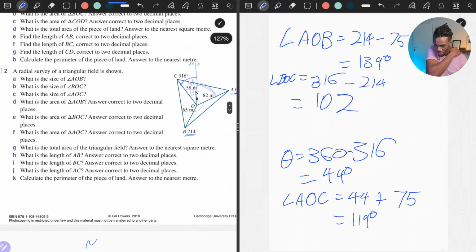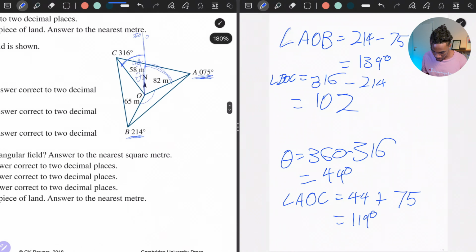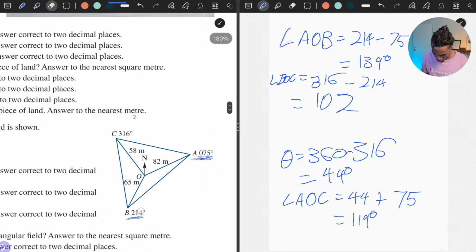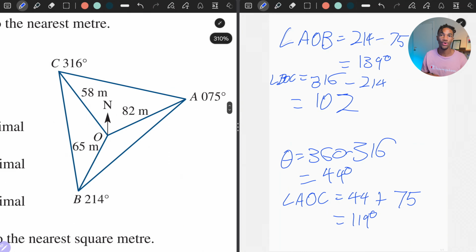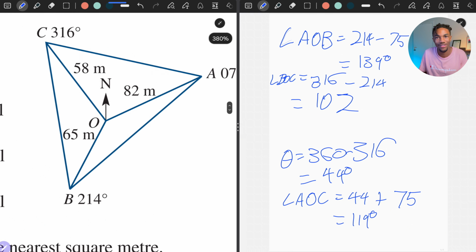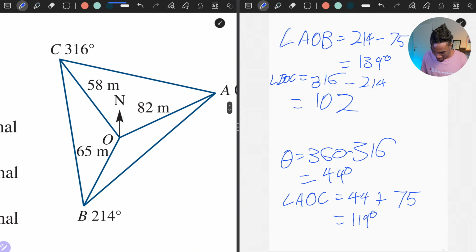Let's move on to the next question. What is the area of triangle AOB? So let's remove all of this, of AOB. Like I said before, if you haven't mastered calculating the area of a triangle using the sine rule, then you just can't do these questions.